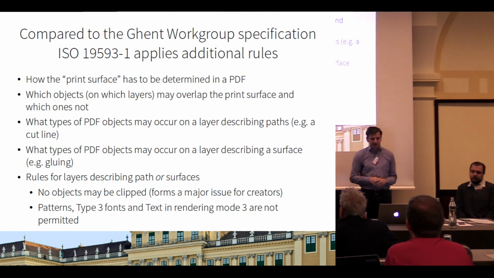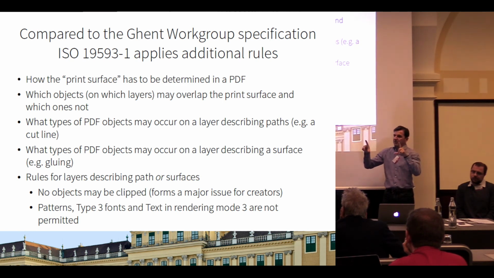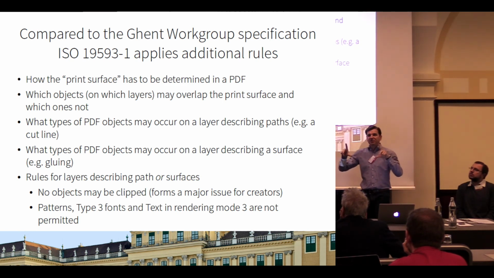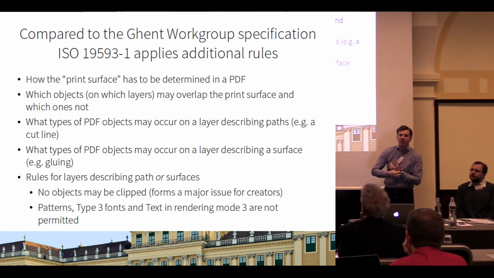Now, what are the differences? In the Ghent Workgroup specification, there is a half A4 page that defines rules for how layers relate to each other, and which kind of objects are allowed for a layer.